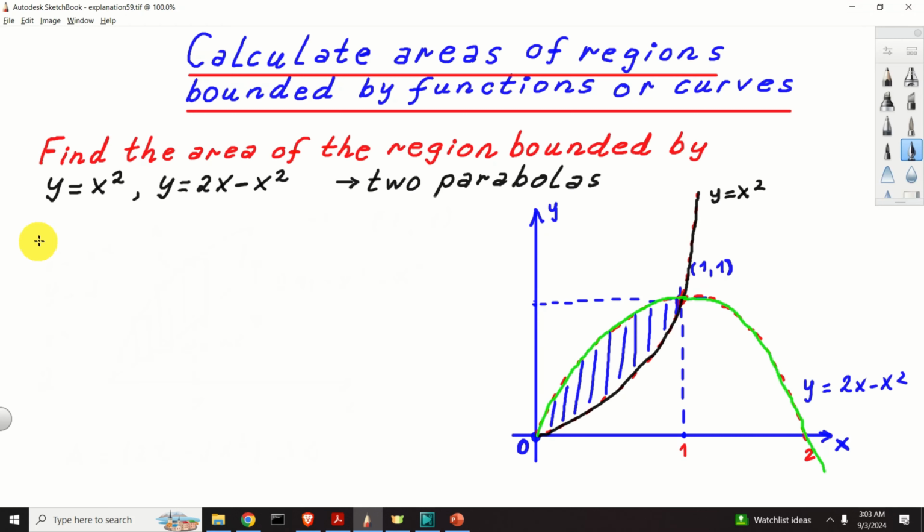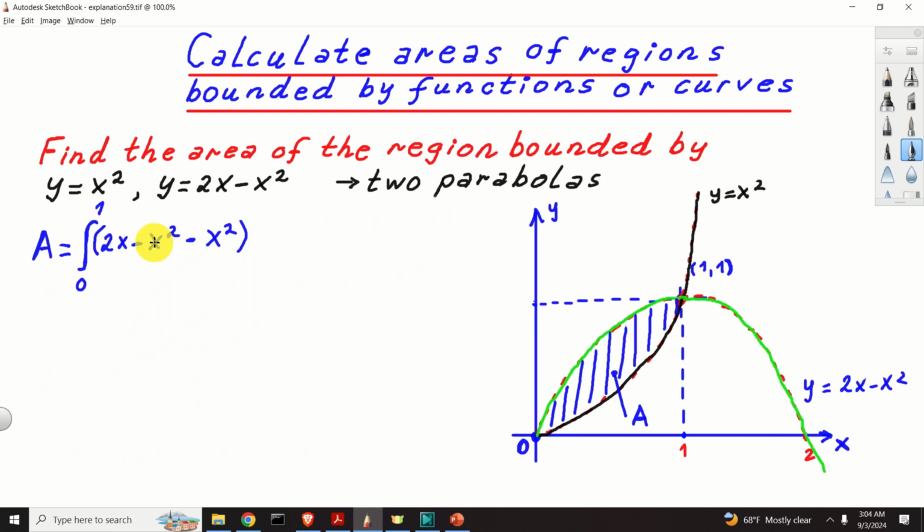All this implies that we can calculate the area A of this region over here. That is, we can calculate this area A as an integral from 0 to 1, upper function, that is 2x minus x squared, minus the lower function, and the lower function is x squared, and that's it.